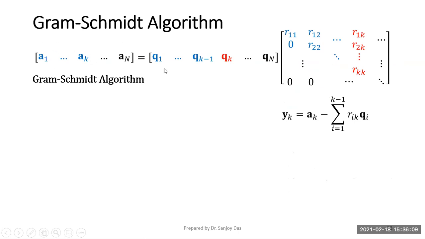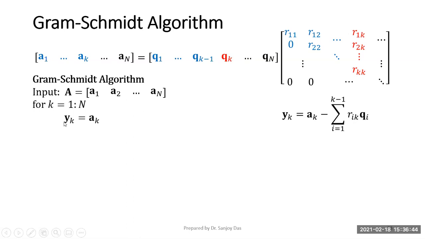All of this is known actually, but here on this side, Q1 through QK minus 1 are known, and here these diagonal elements all the way up till column K minus 1 and upper triangle elements are known. And YK is AK minus the summation RIK QI, where I goes from 1 to K minus 1. You understand this, right? Yes. So this is the input.